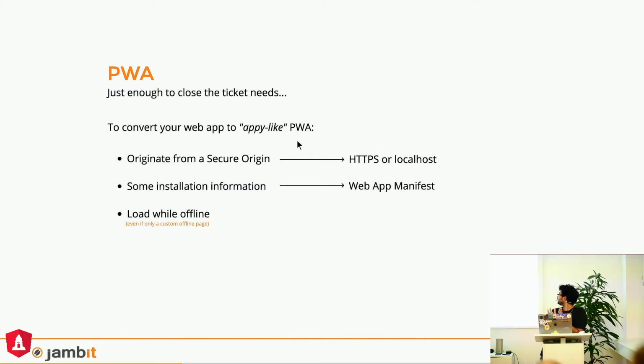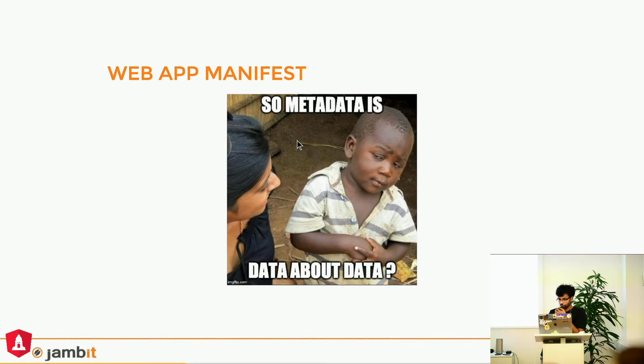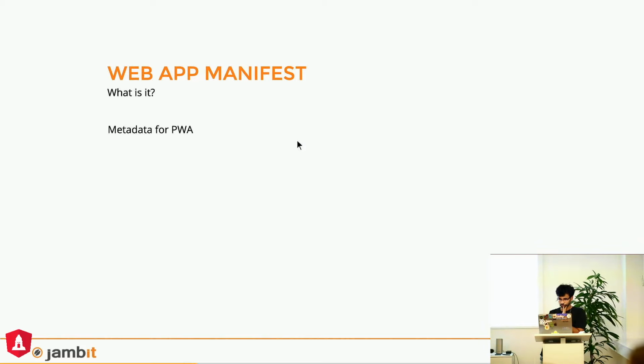And then there's something called the Web App Manifest, which gives this installation information, and something called a service worker, which gives this offline capability. We are going to talk about both. First is this Web App Manifest, which is how you can provide some metadata to your website that makes it installable.